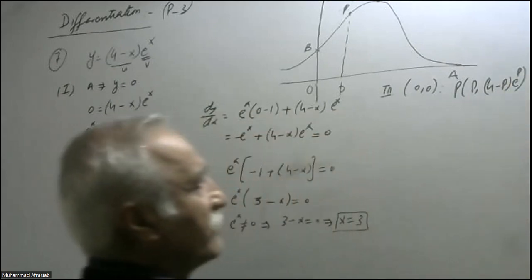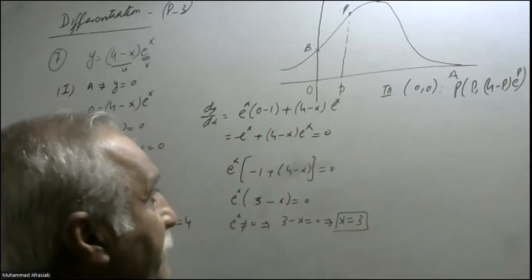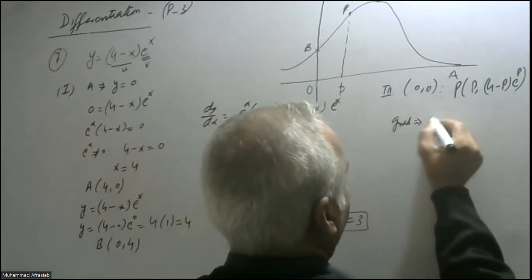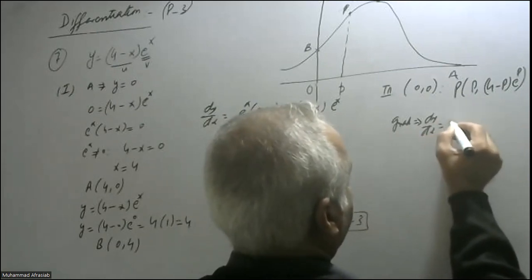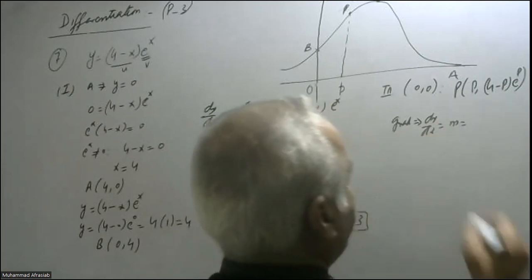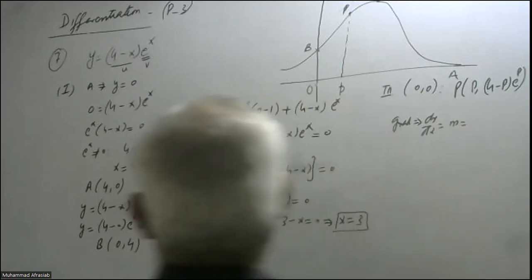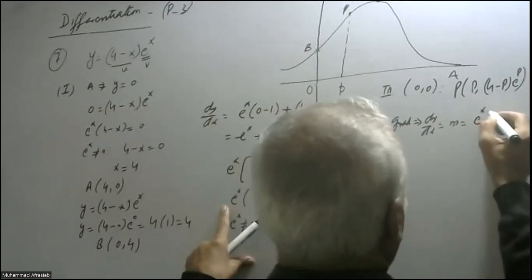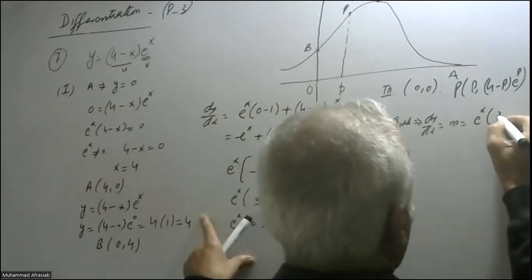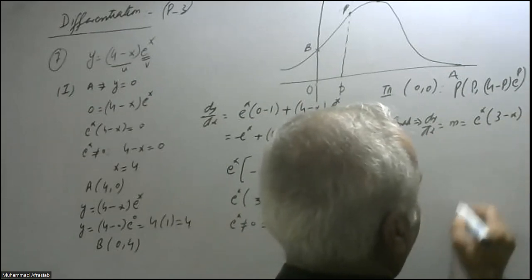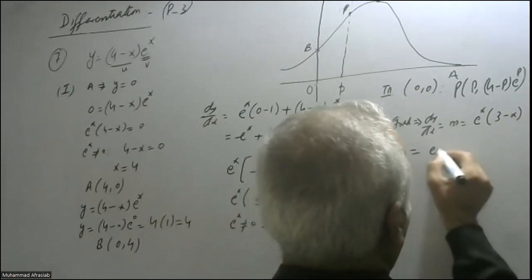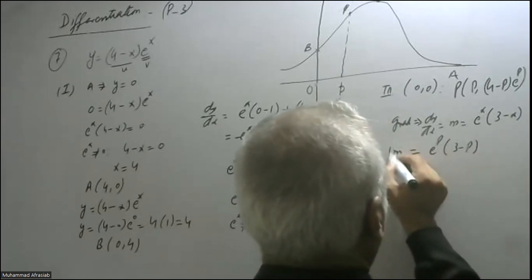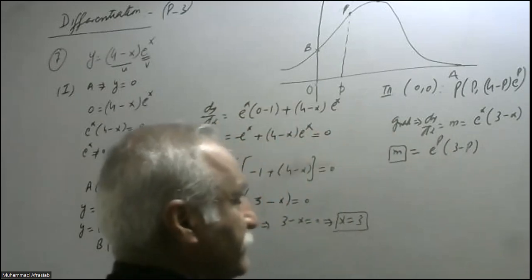Now the gradient of this curve is dy by dx. We have already calculated the derivative equal to e power x into (3 minus x). So at the point P, it is e power p into (3 minus p), the gradient at this point.